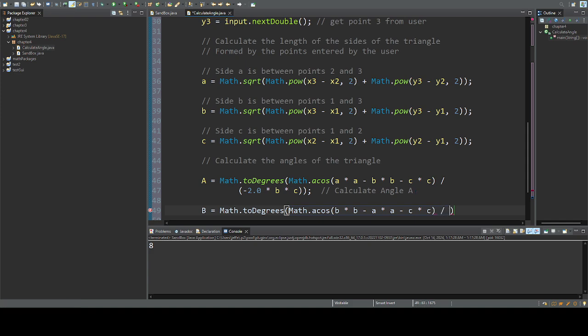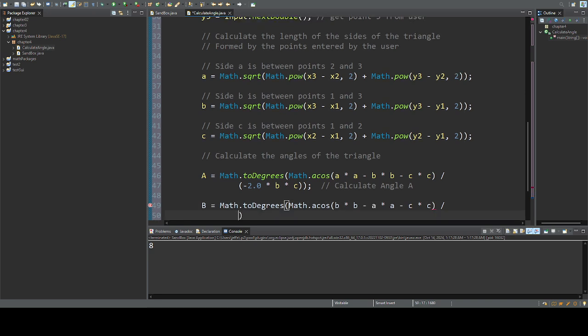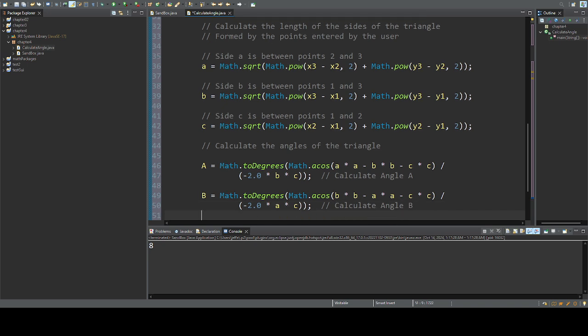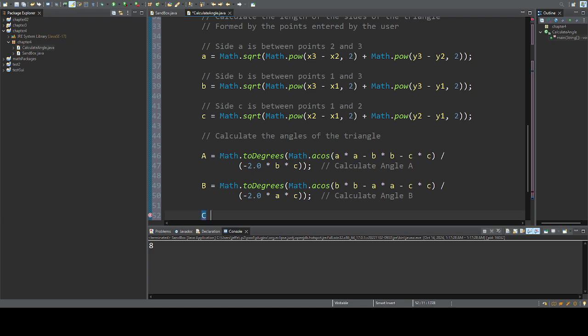And then we're going to divide it. Again, I'll come down here. And we've calculated angle B. And we'll repeat this for angle C.